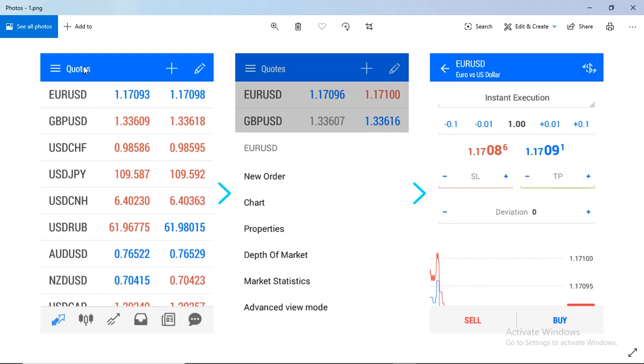These are the quotes of these currency pairs. Then once you click here, it gives you the charts, and this one gives you the trade. Once you click here, you will see something like this for the trade, and so on and so forth.